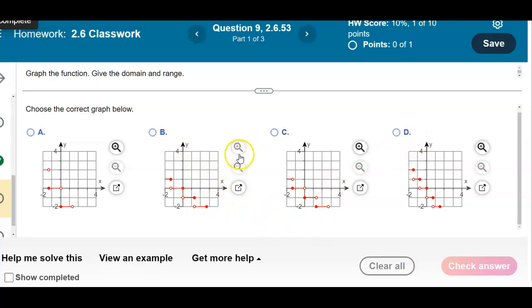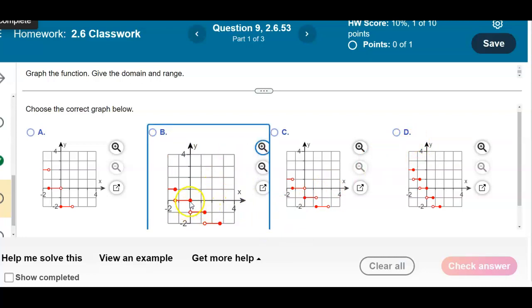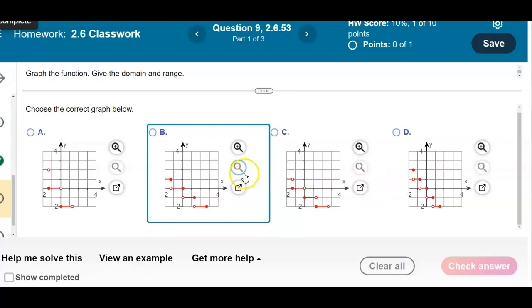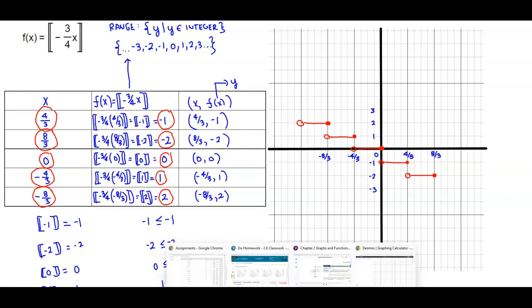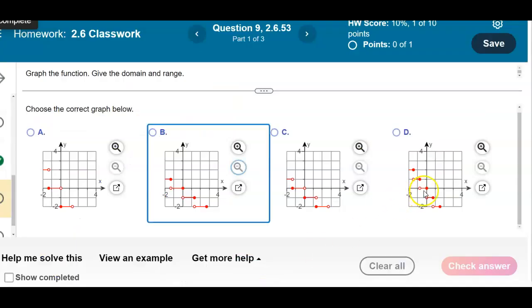Now if you look at B, you will notice that the incremental level in between here and here is a little over 1. Okay, and that's not what we did. We used the fraction, negative 4/3. So let's take a look at this one here.